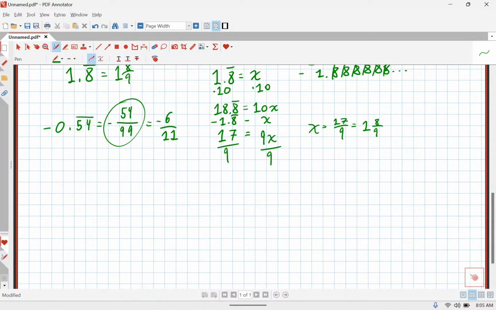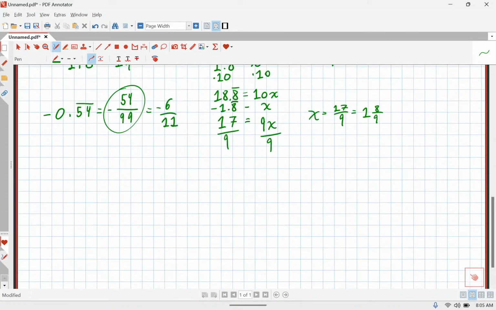Cool, excellent. There's one type where you will have to do that funky algebra trick, and that's if it doesn't repeat right away. Like if it's 3.875 and it's the 7.5 that are repeating, that gets a little bit weird. So what we would have to do here is multiply by enough factors of 10 to get the decimals to line up.